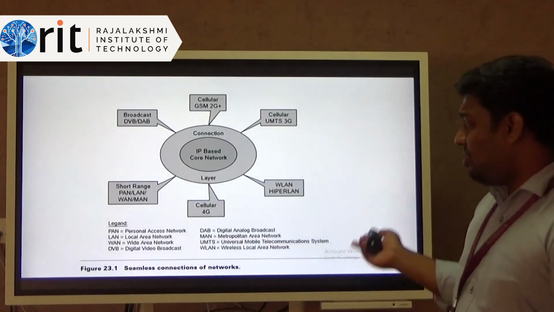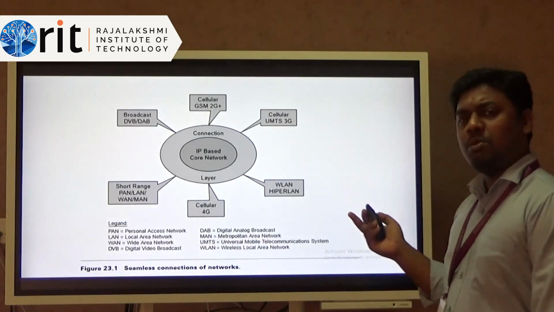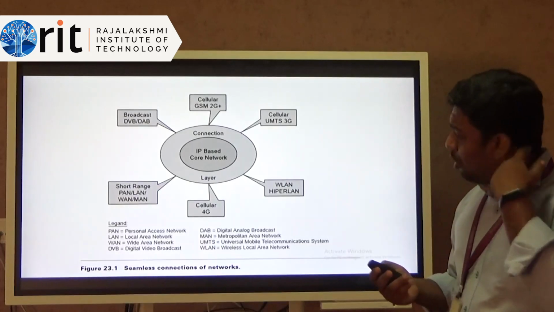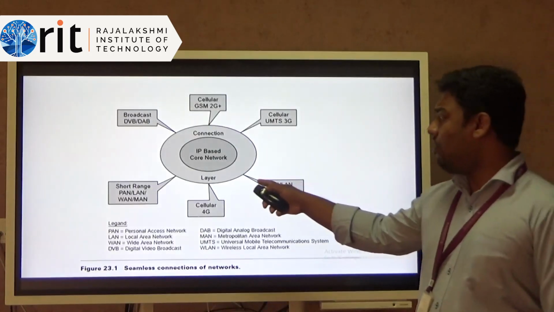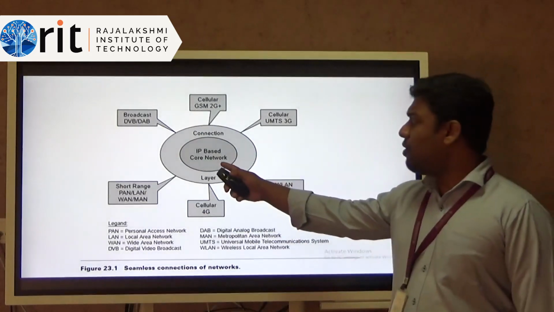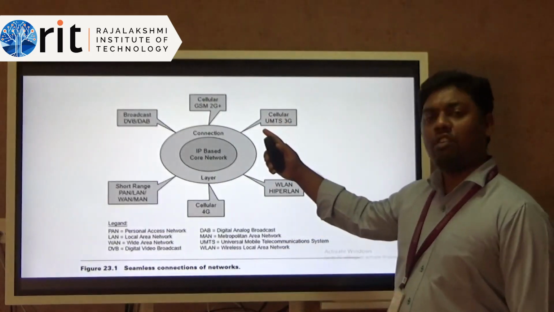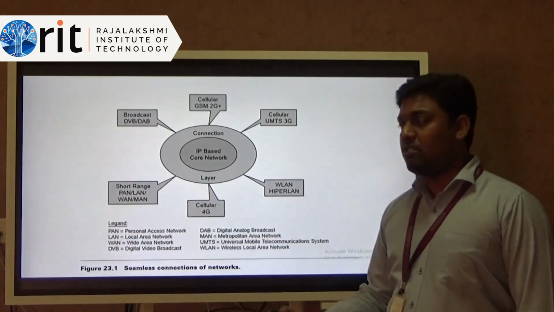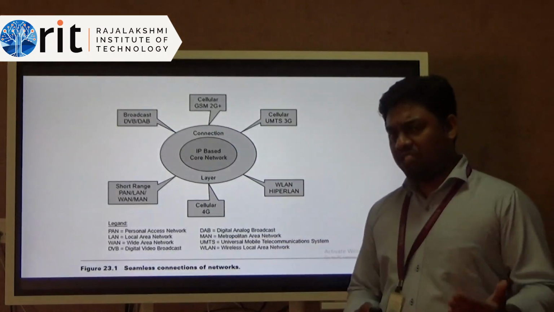Now this is a diagrammatic representation of the seamless connectivity of 4G. We have a centralized IP network. The centralized IP network is connected to the existing technologies like the 2G network, and here it is written as 2G plus. 2G plus is nothing but existing 2G.